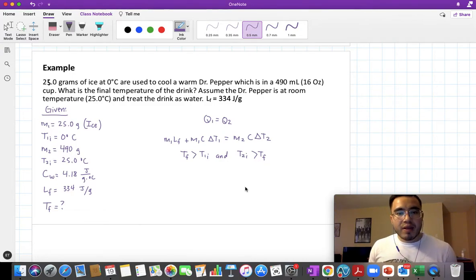All right. Based on that, we can have our change in temperature, meaning we're going to know which one minus which one we should have. What that means is this.